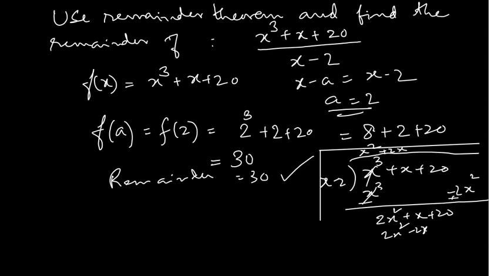Minus 4x. So this 2x squared gets cancelled. So you got 5x plus 20. So I make it as a 5, so you got 5x minus 10. So minus plus, you get 30. Right? It's the same answer. So this is what the remainder theorem is about.